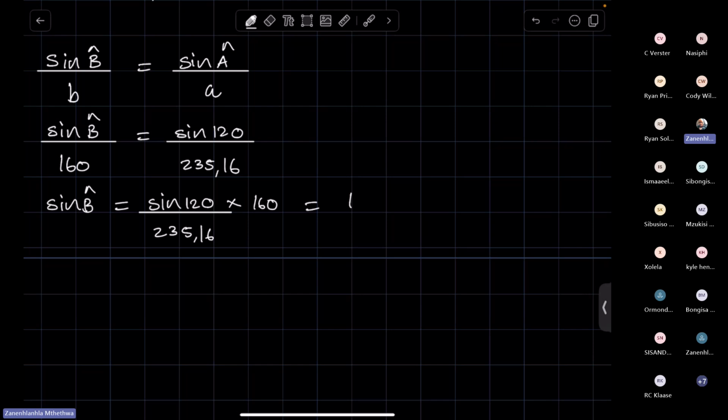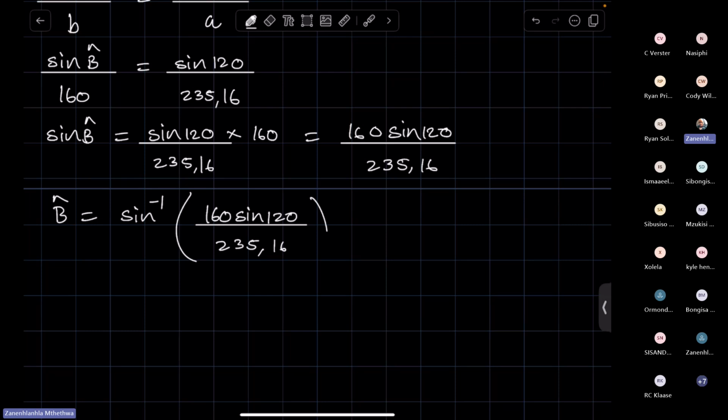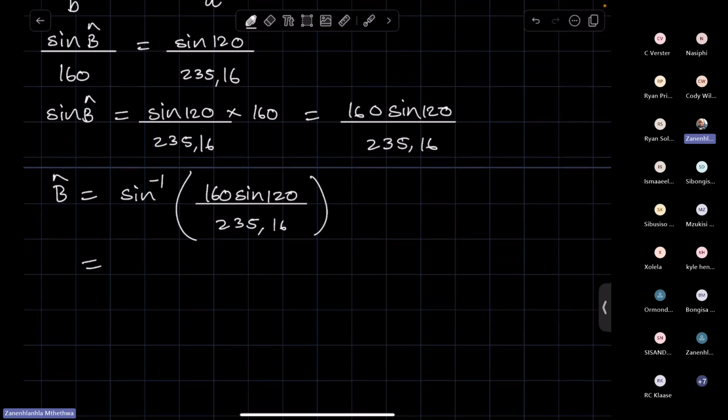So this essentially is 160 sine 120 divided by 235.16. And then to get the angle, the angle we're looking for, B, is equal to arcsine of 160 sine 120 divided by 235.16. And what do we get here?